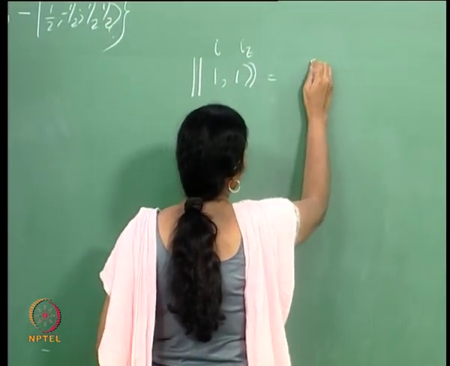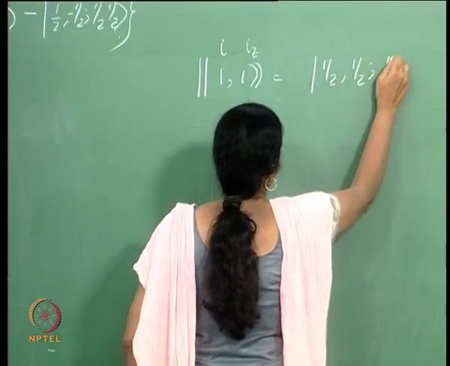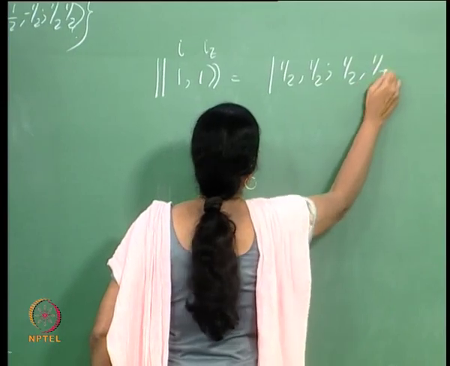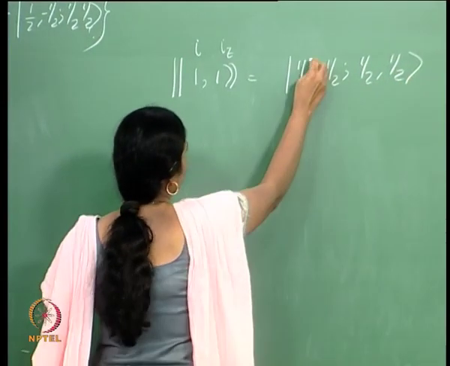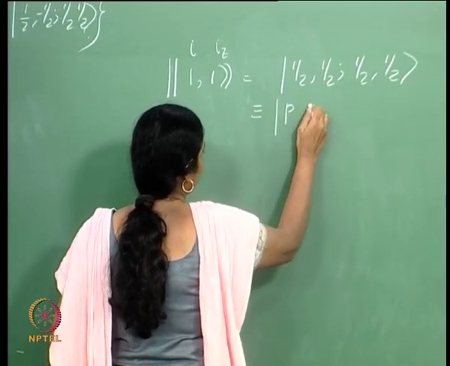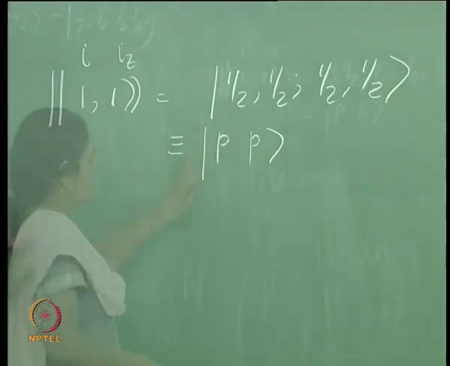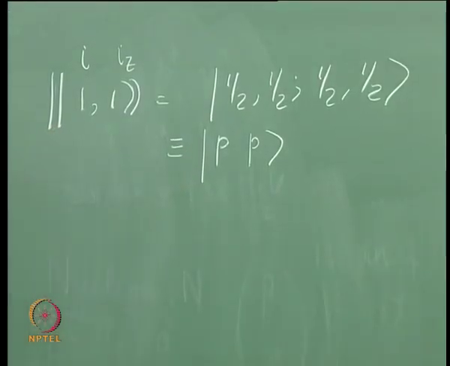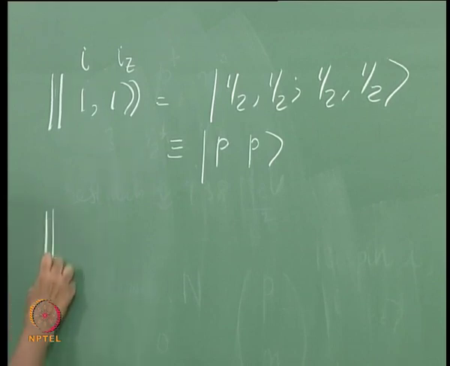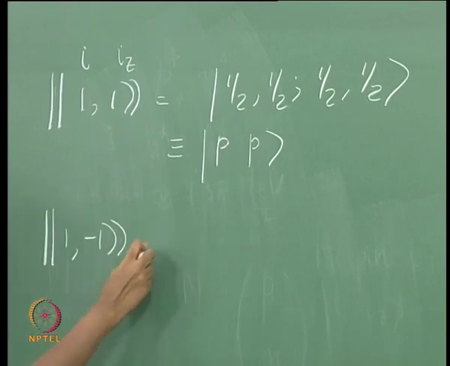So the uncoupled basis states would be half, half, half minus half, half, half, half. But that is like combining 2 protons, and therefore this would just be identical to the statement that in the uncoupled basis I have 2 protons. In the coupled basis, that amounts to an I equals 1, Iz equals 1 state. Then I have I equals 1, Iz equals minus 1 state in the coupled basis.